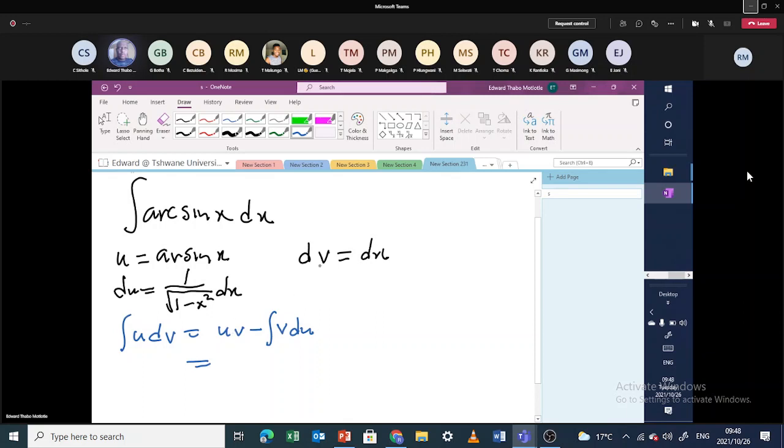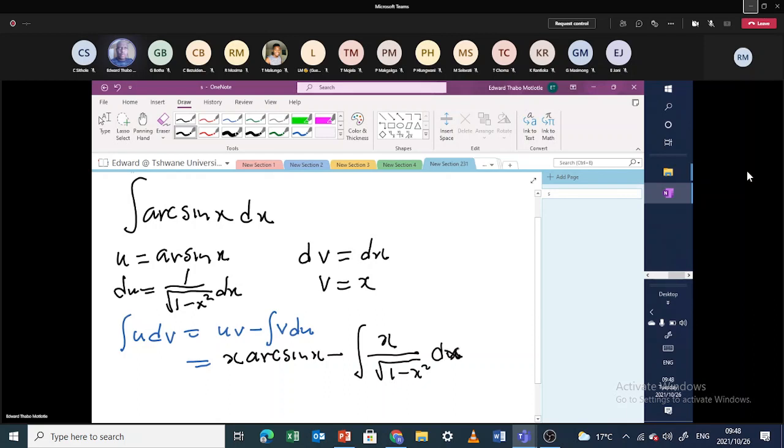Substituting our u and v, if you integrate here, v is equal to x. Okay, substituting, this means we have x arc sine x minus, now we substitute v, the integral of x over the square root of 1 minus x squared du.